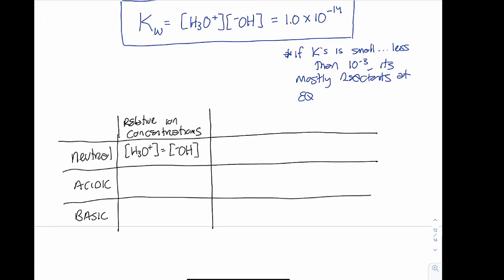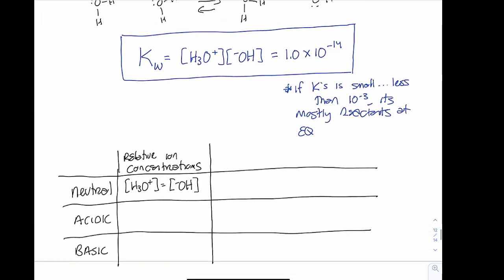So what that means for us is that my hydronium ion concentration, if it's equal to my hydroxide ion concentration, and when I multiply those two things by each other, it needs to equal Kw. It always needs to equal that number.